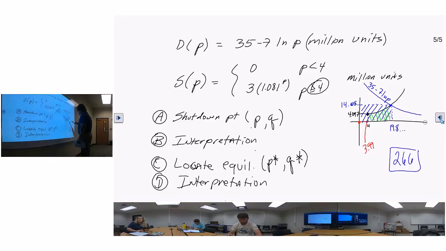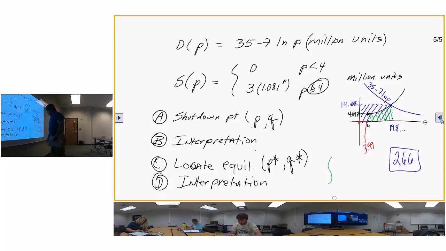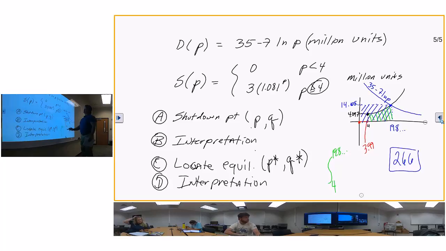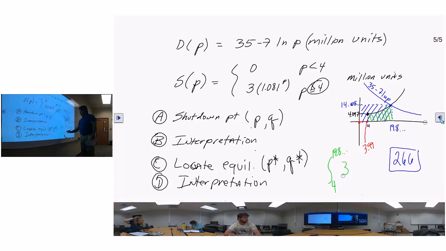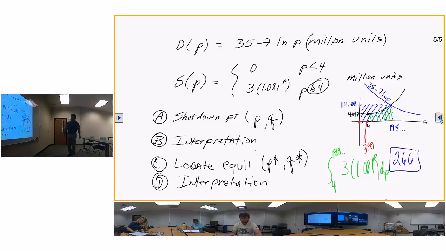That green area right there, that would be the area from 4 to equilibrium. 19.8 of 3, 1.081 to the P power. Somebody put that in your calculator and see what you get, and that would be the supply.